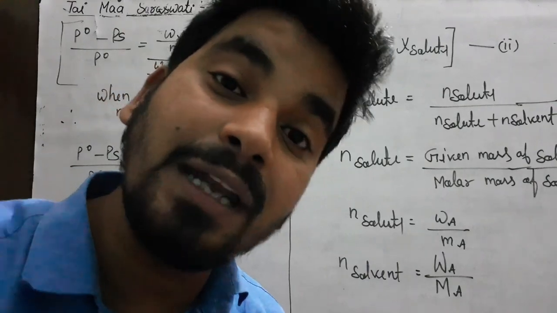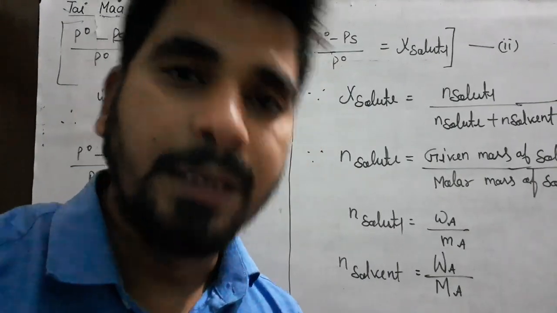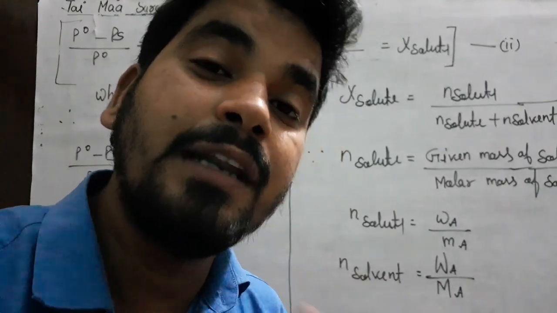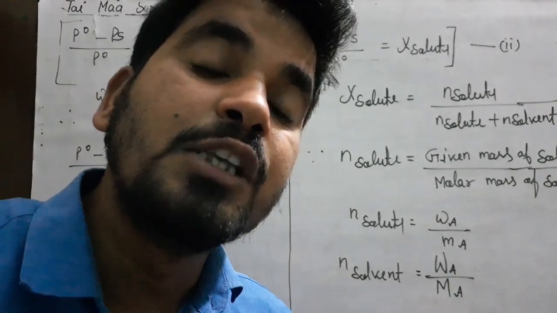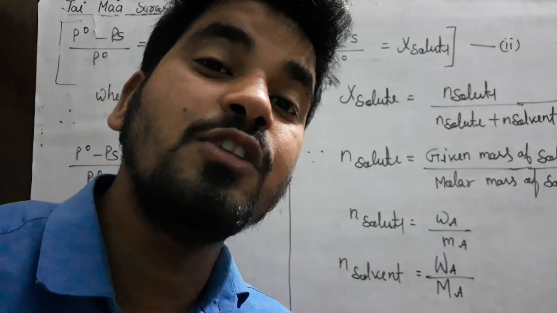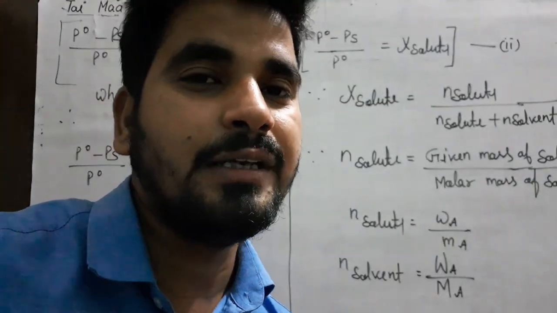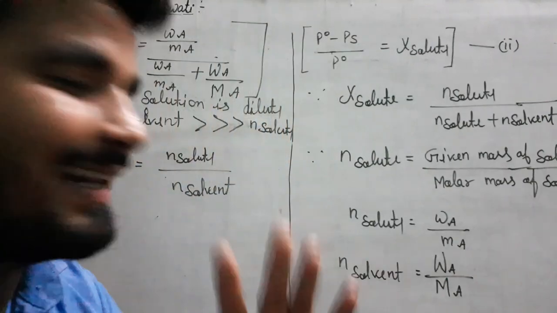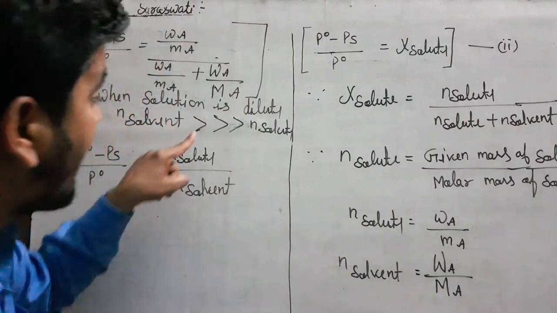Whenever there is only one component, we cannot replace it. Suppose it is 15 ppm, that is 15 solute in 10 to the power 6 of solution; solute is only 15, so we have to write that 15. But for the solution, we need not write separately. I am talking about dilute solution; for concentrated, we have to write the full form.